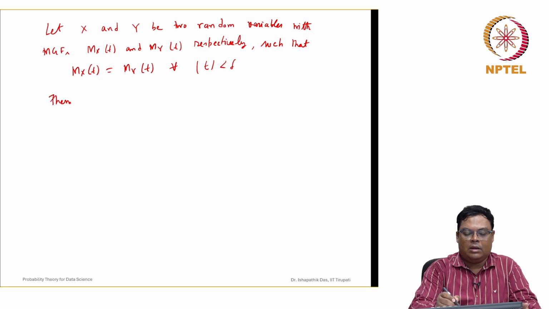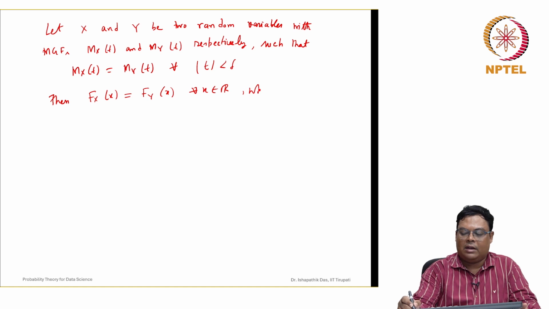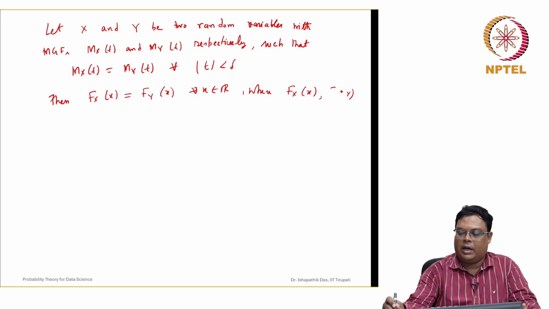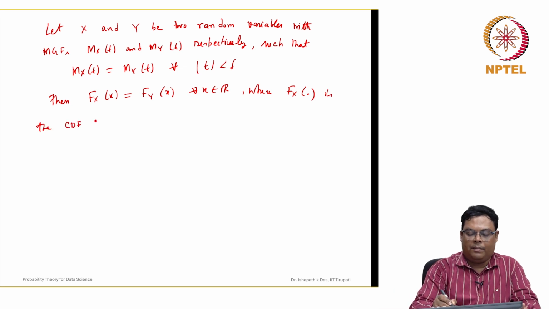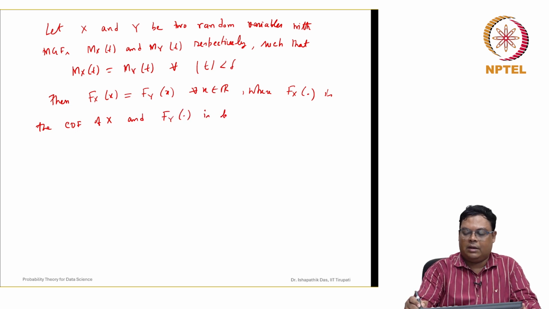Then Fx(x) is equal to Fy(x) for all x belonging to the real numbers, where Fx is the cumulative distribution function of x and Fy is the cumulative distribution function of y.